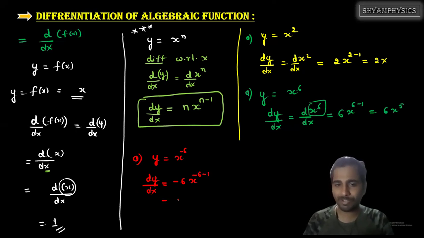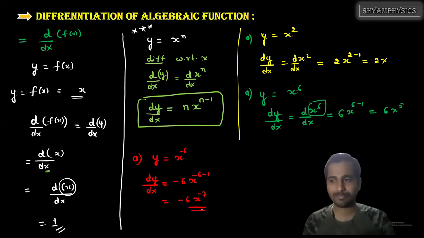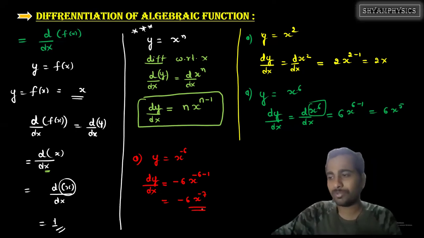Then what should be your answer? Minus 6x to the power minus 7. This is how actually you need to differentiate the algebraic functions. Hope it is understood to everyone.